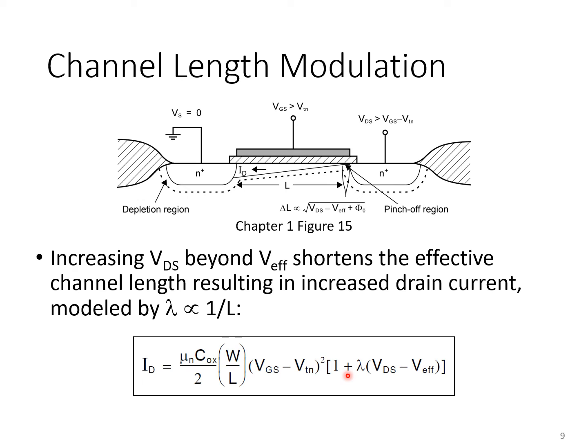So here's where you see the impact of that term lambda, and you see that as VDS exceeds V effective, this term starts to increase, and you see therefore an attendant increase in the drain current. This is also a relatively simple model, and you may expect deviations from this model, especially for short channel lengths. However, it does capture a lot of the key intuitions that we need to do analog design.